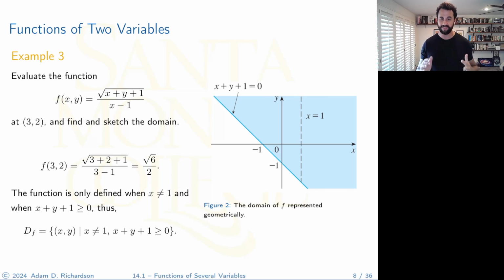One thing that I see as a problem right away is when x is equal to 1. If x is equal to 1, we're trying to have the function divide by 0. It's not going to be able to do it. It's going to error out. So we need to exclude the line x equals 1, and that's what you can see right here. So the line x equals 1 is excluded from this domain.